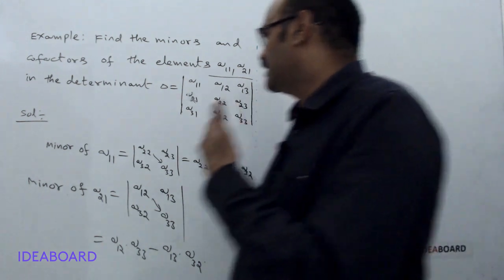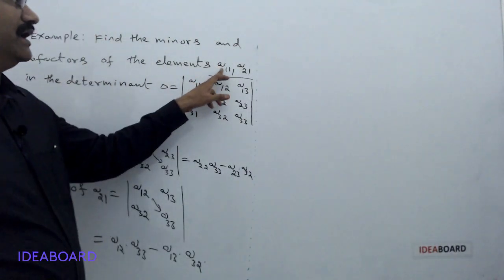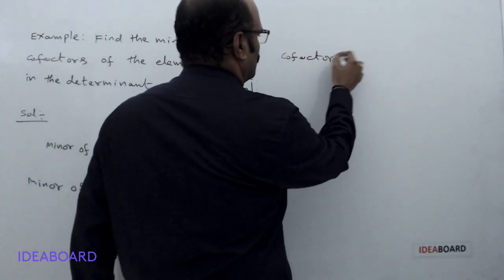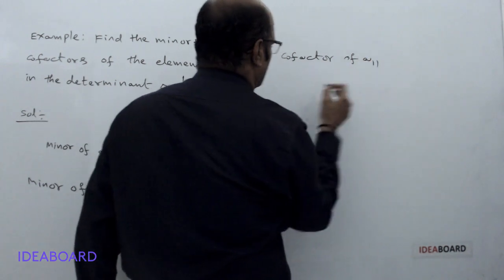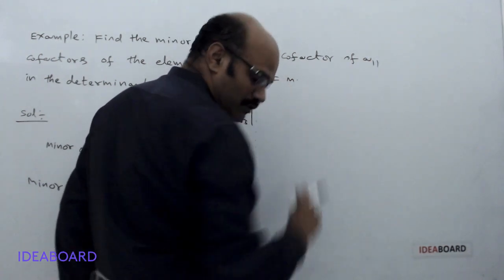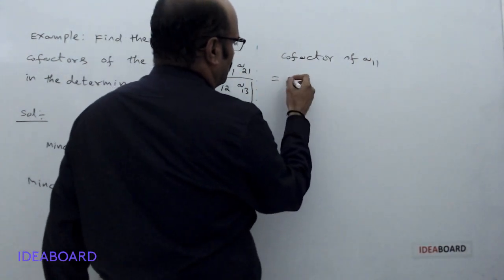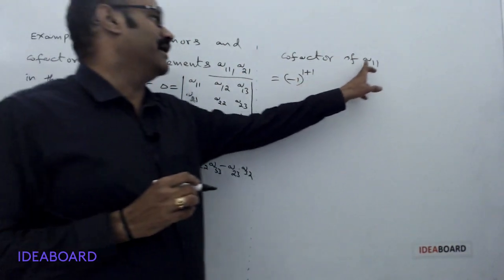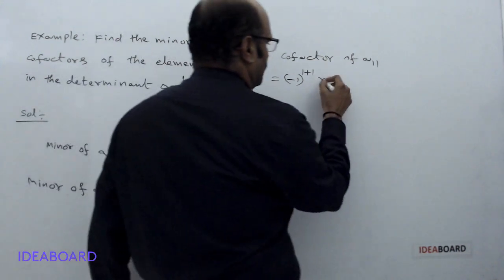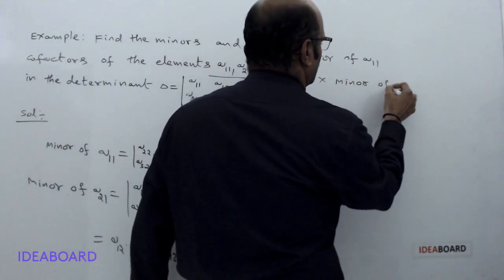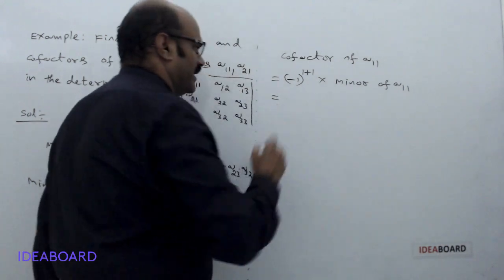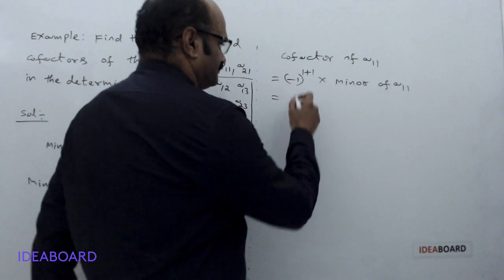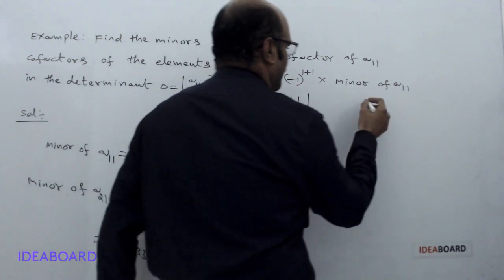So cofactor of A11 equal to minus 1 whole power 1 plus 1 into minor of A11, equal to minus 1 whole power 2, which is always plus 1, into minor of A11.